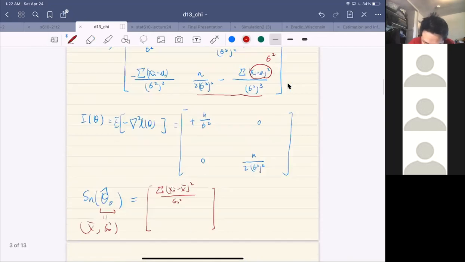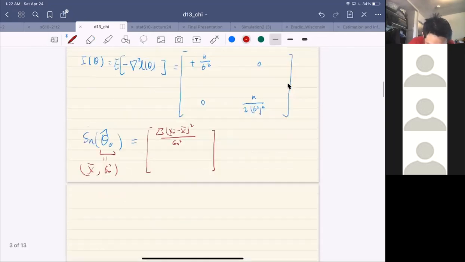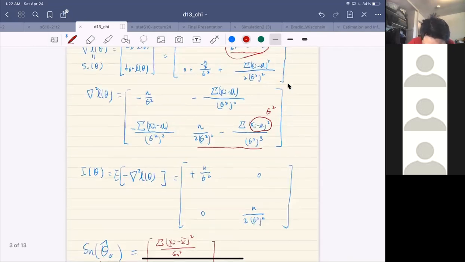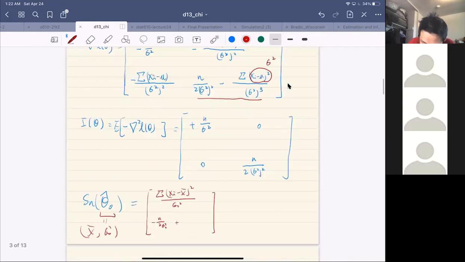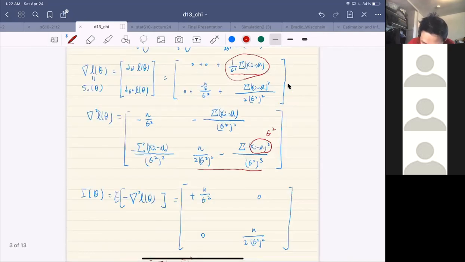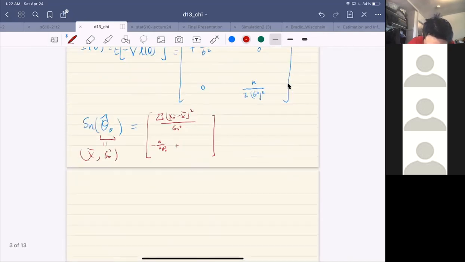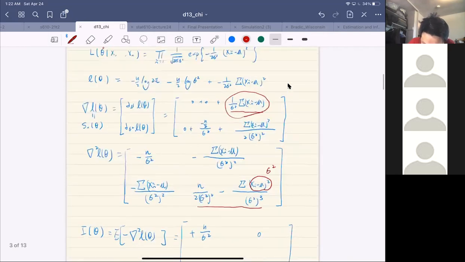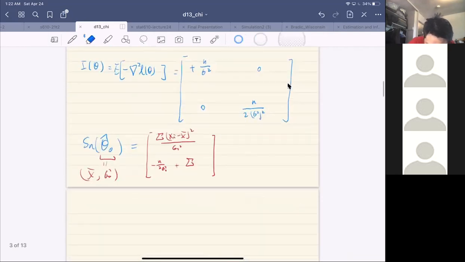And then another term is n divided by 2 sigma squared. Sorry, we don't have this.